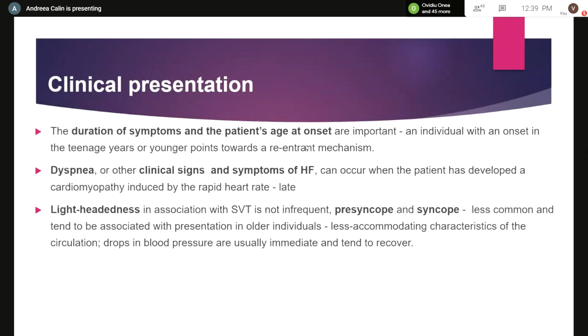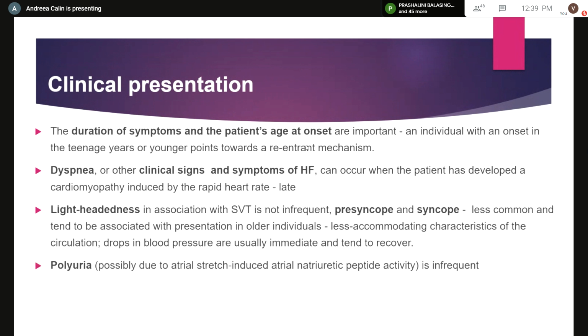They recover rapidly after the termination of the tachycardia, but the clinical picture may be dramatic in some patients. In some patients, we may have polyuria, possibly due to the atrial stretch induced by the atrial natriuretic peptide activity.